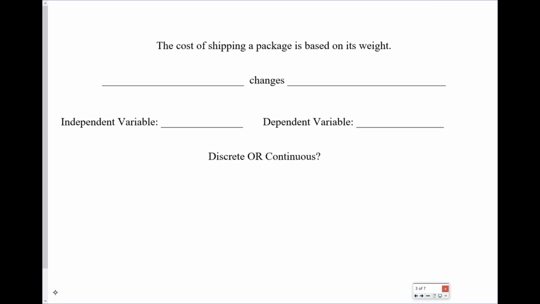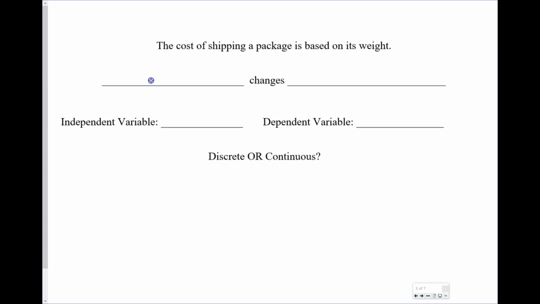The cost of shipping a package is based on its weight. So if I go to the post office and I want to ship a package, the dude's going to put it on the scale and he's going to say, okay, this is the cost of shipping. So what I'm freely picking is what I'm putting in that package. I'm freely deciding how much that package weighs before I go to the post office. I'm not freely picking the cost. When I'm at home putting something in a package, I'm not determining the cost. I'm picking the weight.